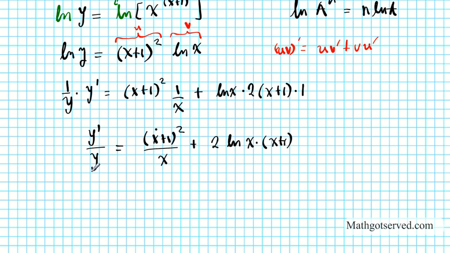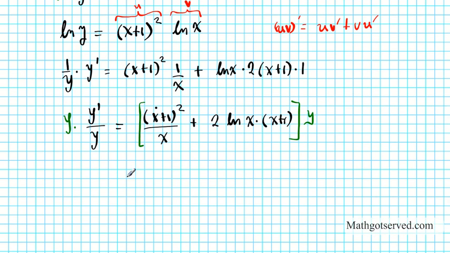Now we're going to get rid of this y in the denominator. To accomplish that, we're going to multiply both sides by y. So multiply this side by y and multiply this entire equation by y. What does that give us?